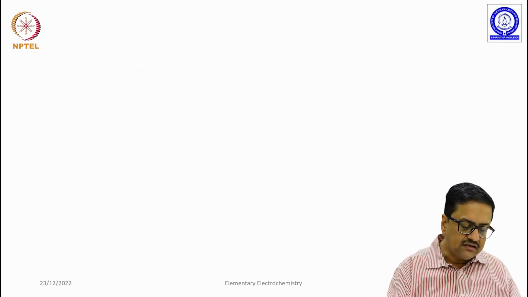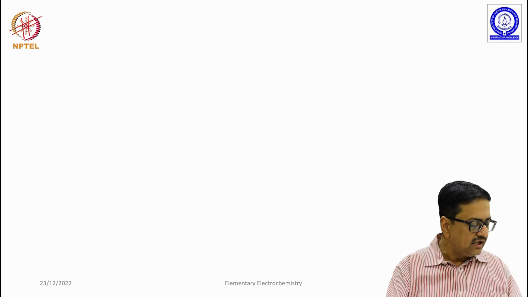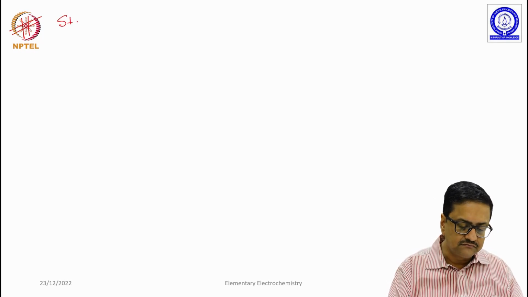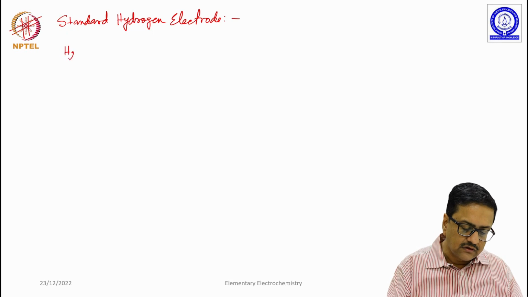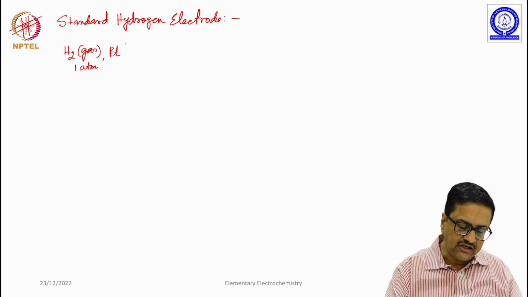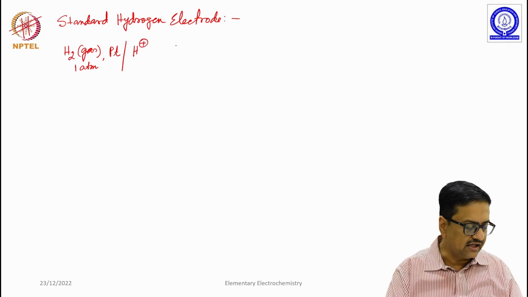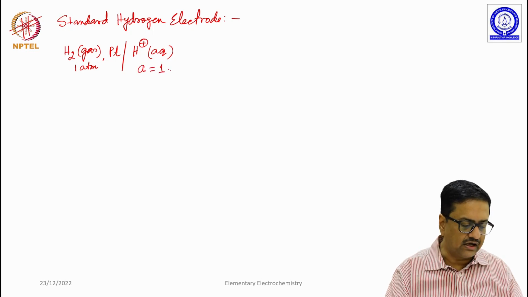To consider the 0 potential, we need to consider a standard hydrogen electrode, which is nothing but hydrogen gas bubbled at 1 atmospheric pressure along a platinum electrode, and that platinum electrode is dipped in an aqueous solution of H+ ions with activity equal to 1.